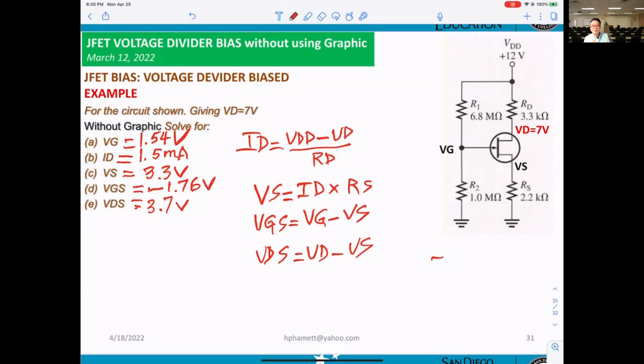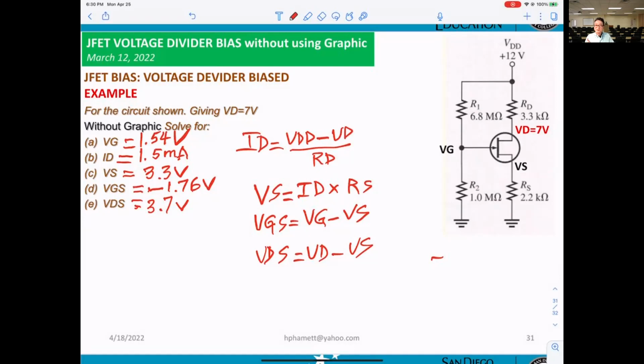That will make it easy to calculate the ID. Or if they're not giving you the VD, then they can give you the ID. If you get the ID, then you can calculate everything you need. Okay, we don't care about the graph.